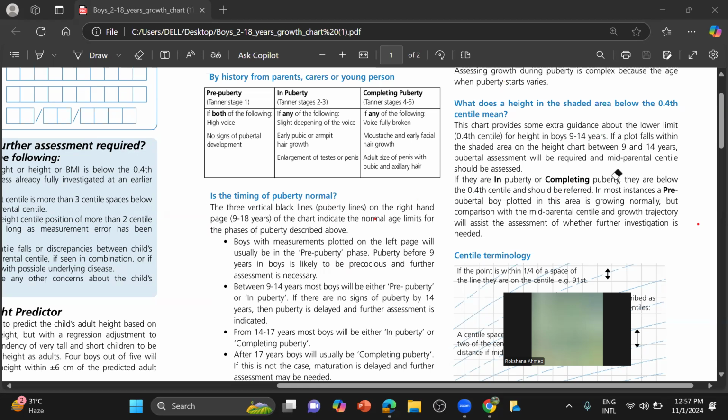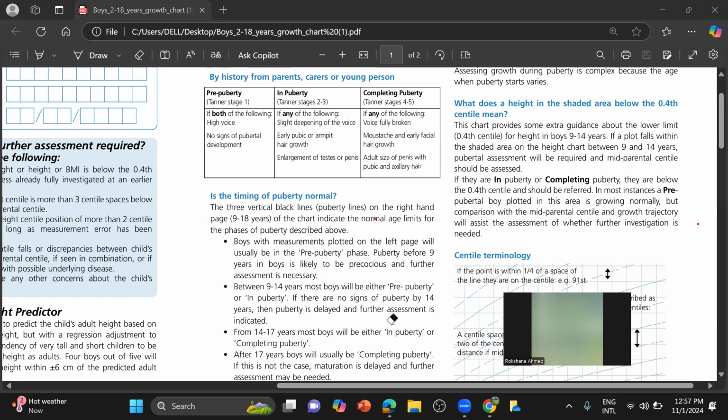I have told you what the triangular or shaded area is, I have discussed how we predict the adult height from the growth chart, and I have described the mid-parental height. And now another question: what if the child is born preterm?